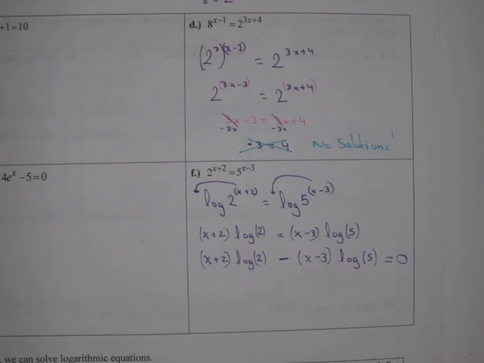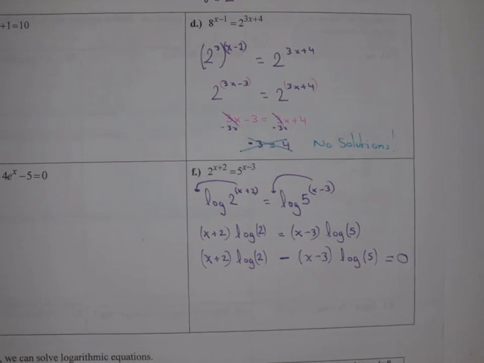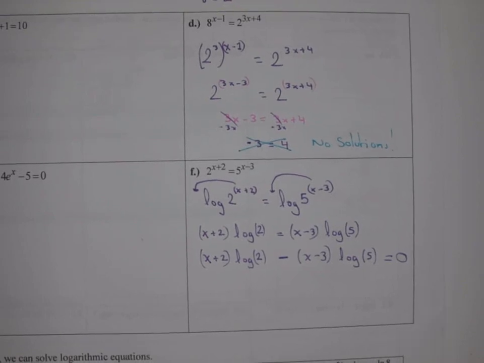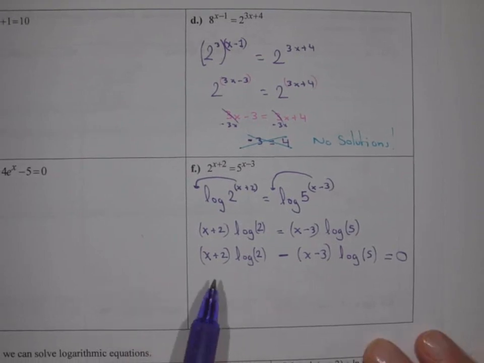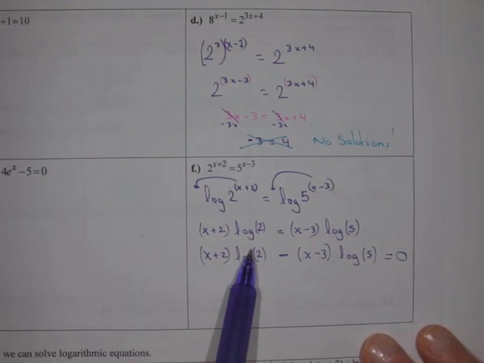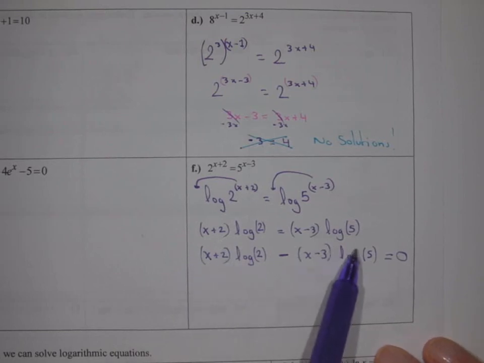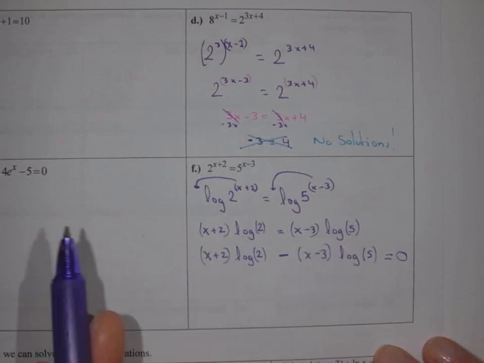At this point, well, I'm going deeper and deeper. I don't know if I wanted to go that deep into that. Okay, I'm going to finish it. So I'm going to distribute this log here, and I'm going to distribute this one.